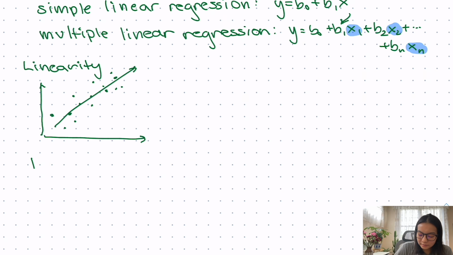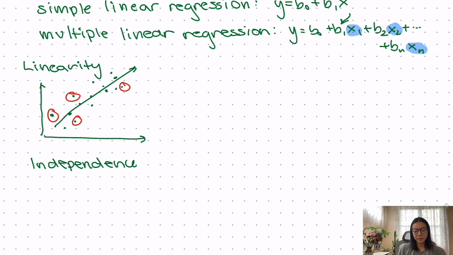And independence, our second assumption, just means this point over here should have no influence on this point over here, or this point, or this point. In other words, all the samples in our data set should be independent, okay? They should not rely on one another. They should not affect one another.